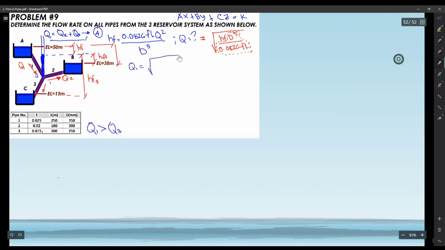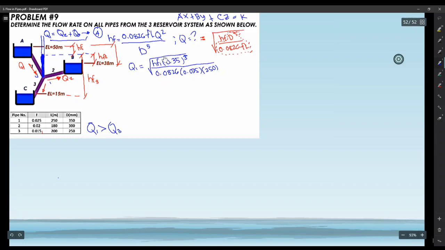So, that will be square root lang ng head loss in 1 and then multiply by the diameter, 0.35 raised to 5 over 0.0826 of 0.025 times L na 250.